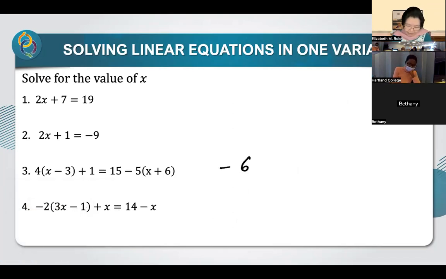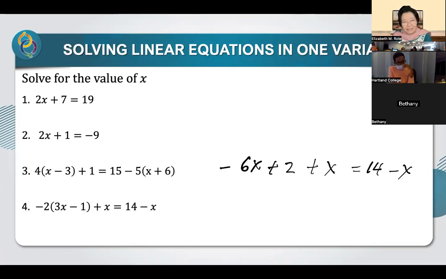Minus 6x plus 2, plus x equals 14 minus x. Sometimes you would say there's an x at one side, there's another x at the other side, but take note that they have different signs. So don't say that you can cancel them because it's equal to 0. That should not be.